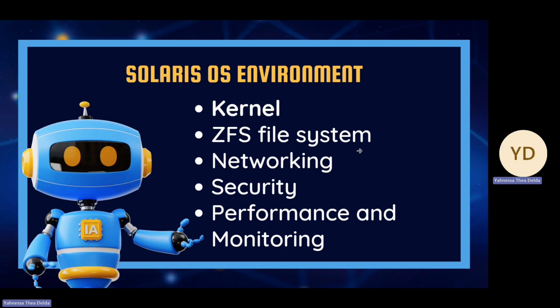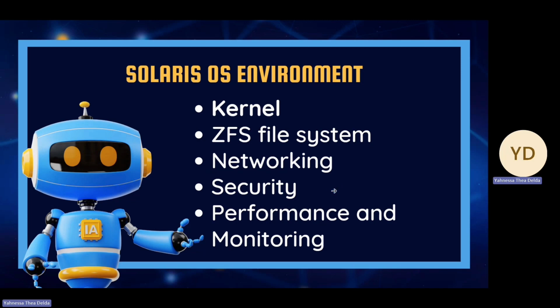Next is networking. Solaris has strong networking capabilities, including support for IPv6 and high performance networking protocols. Next is security. Solaris is a very secure operating system with features like role-based access control and mandatory access control.